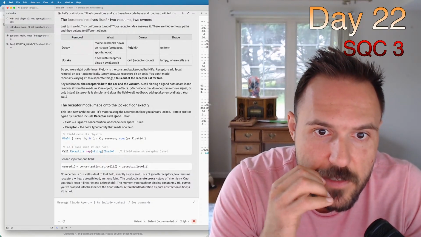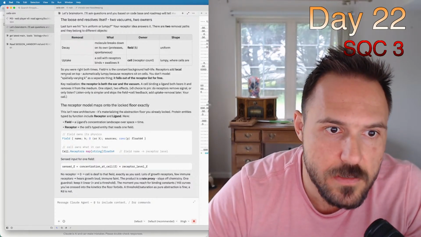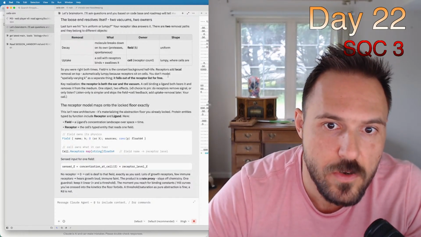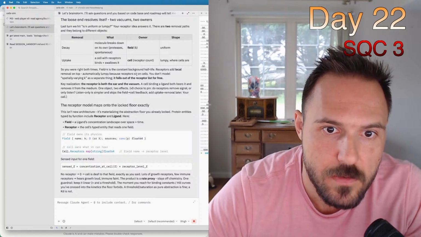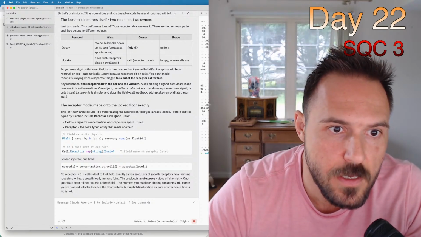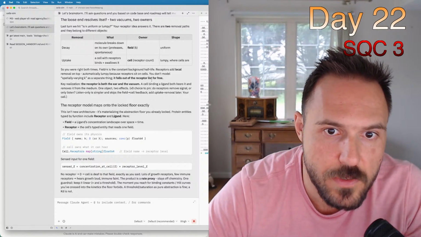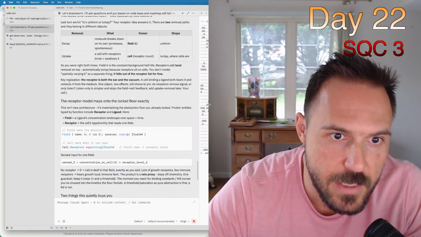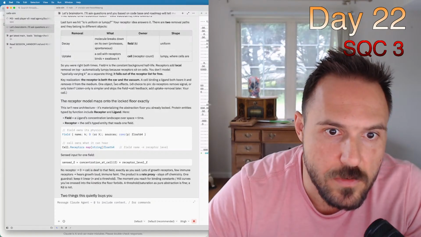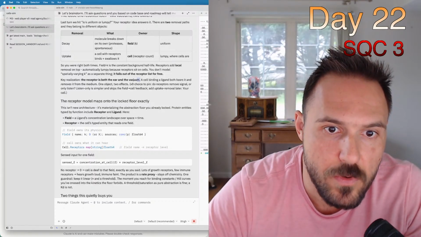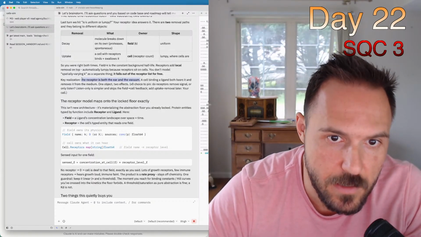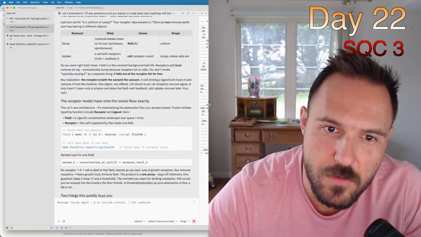Field K is a constant background; local removal types automatically you don't model. Sits on the cell, you don't model it. Special variant K as a separate thing, it falls out of the receptor list for free. Curious that the receptor is both the ear and the vacuum. Yes, the receptor is the ear. 100%. I'm not sure about the vacuum.